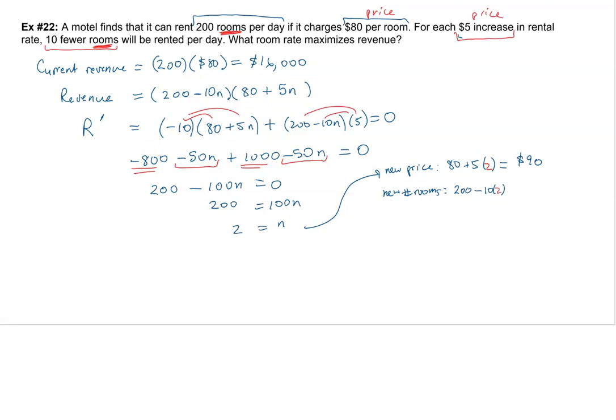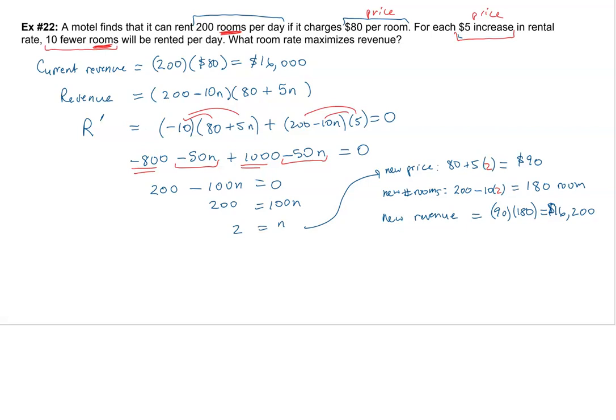So we're going to lose 20 rooms in the process. We're going to only rent 180 rooms. And then the new revenue, hopefully it'll be more than that 16,000, will be 90 times the 180 equals, okay, not too impressive. We get $16,200 now.